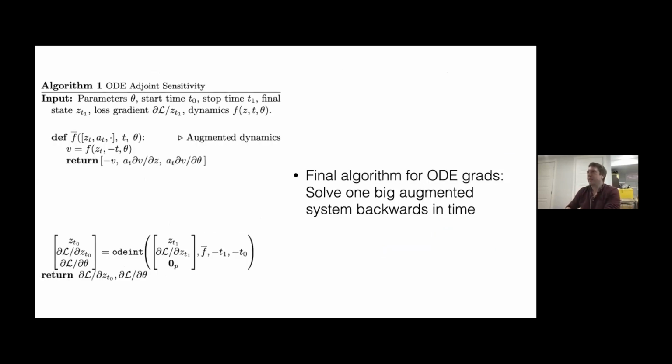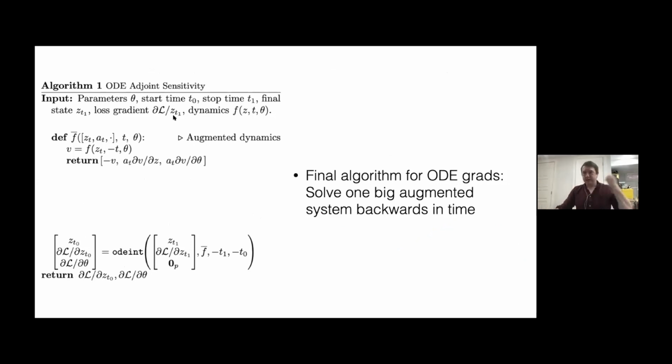Okay, so just to make that pseudocode clear, I'm going to write it here because we're going to come back to this when we generalize it to SDEs. The idea is that I had some function f that I solved forward in time, and computed the scalar loss as a function of the output of the system, at t1.